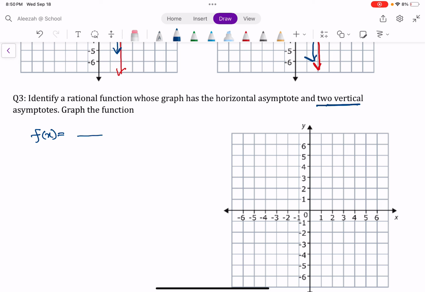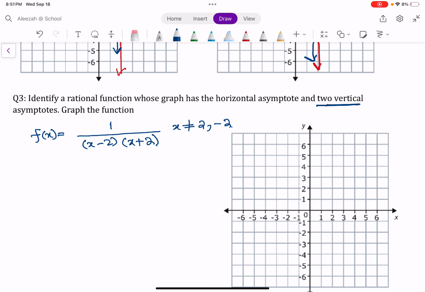So if I have to give 2 vertical asymptotes, I have to write 2 restrictions. Say I'm writing x is not equal to 2 and -2, right? It means I should have x minus 2 and x plus 2 in the denominator, right? On the numerator, I can write anything. Just make it simple, keep it 1, right?